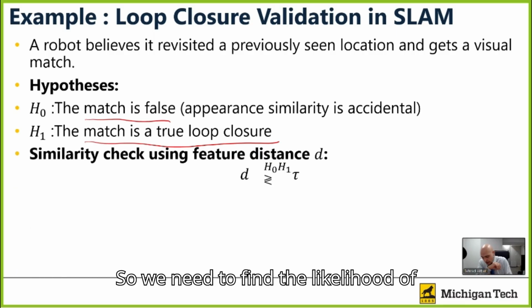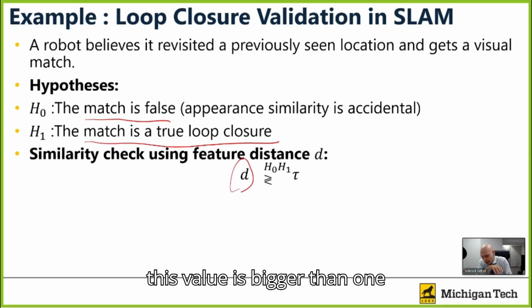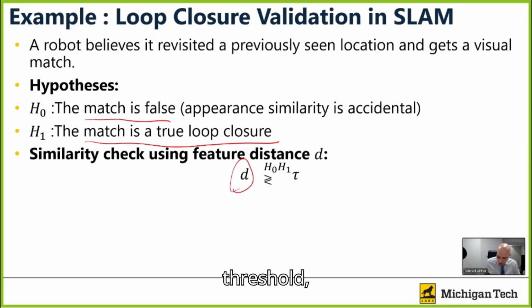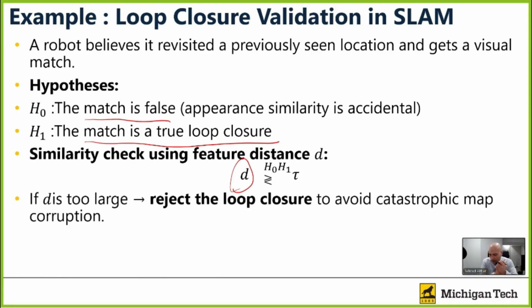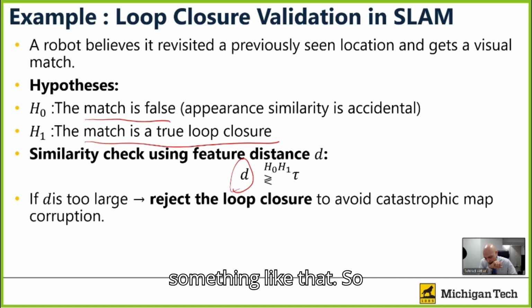We need to find the likelihood of H1 and H2 and divide them, and if this value is bigger than a threshold, we can accept or reject it.